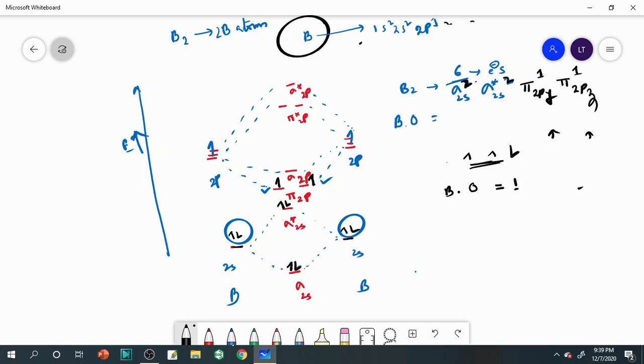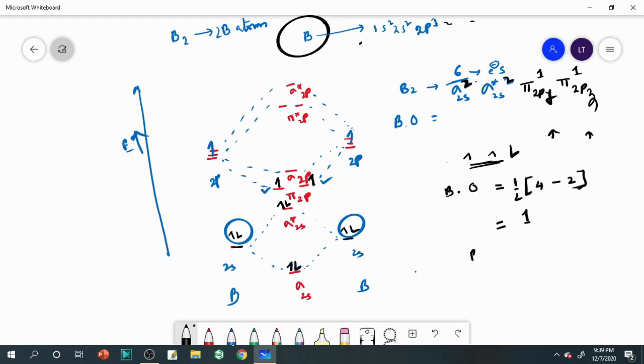If you would like to calculate the bond order, the formula is half times the number of electrons in the bonding molecular orbitals, that is 4, minus 2 in the antibonding orbital, that is in the sigma star orbital. So, ultimately the bond order will be equal to 1.